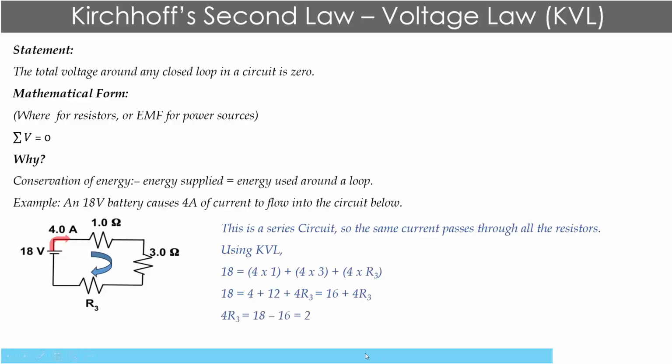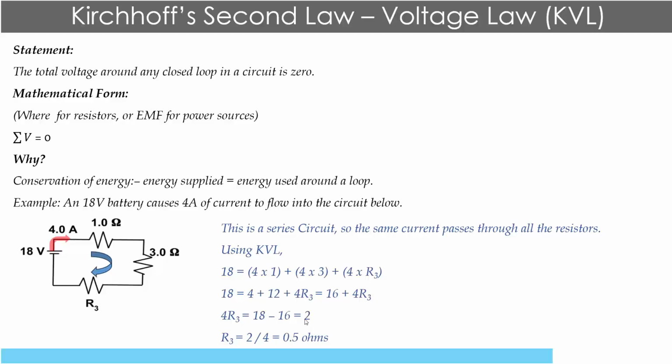So if 4R3 is equal to 2, we can just divide both the left hand side and the right hand side by 4, and we'll now have that R3 is equal to 0.5 ohms. So we can see that we've easily used Kirchhoff's second law to find the value of R3.